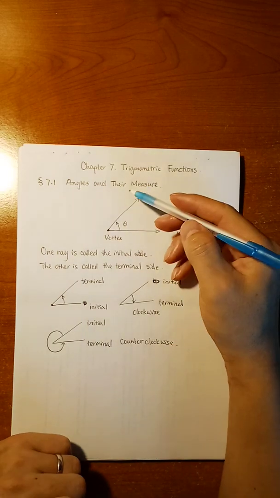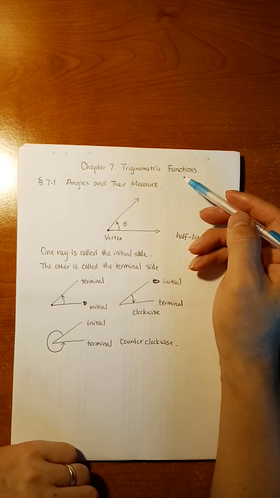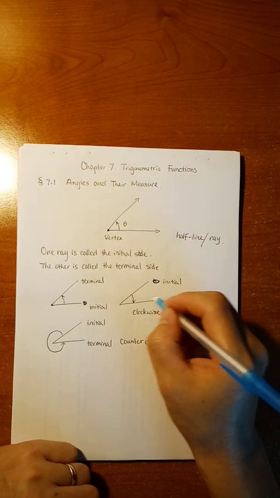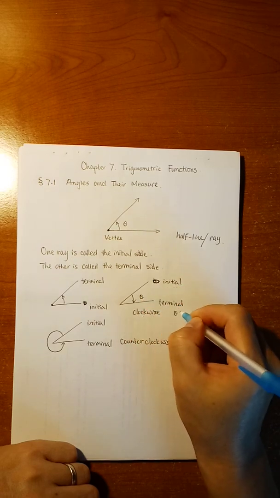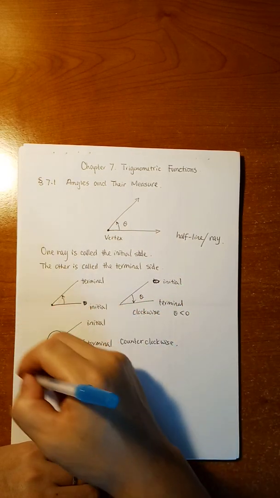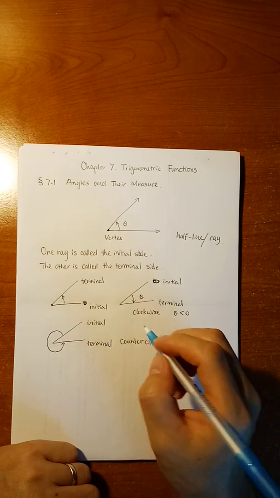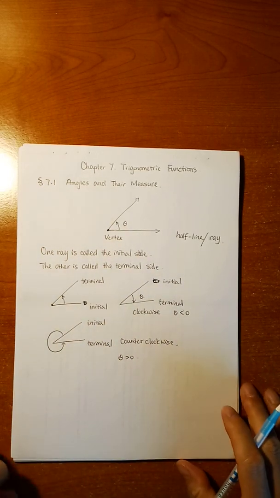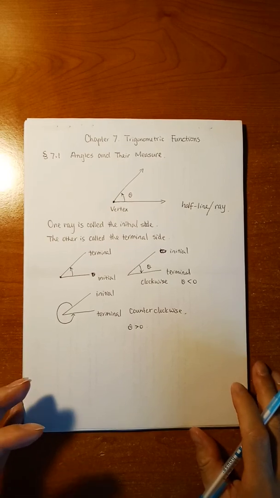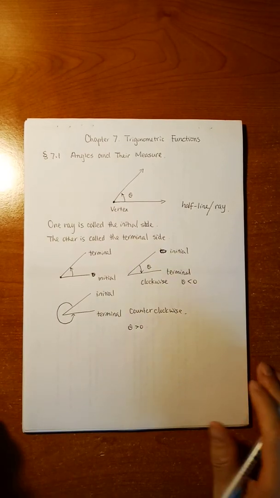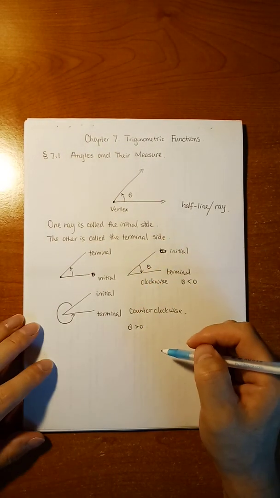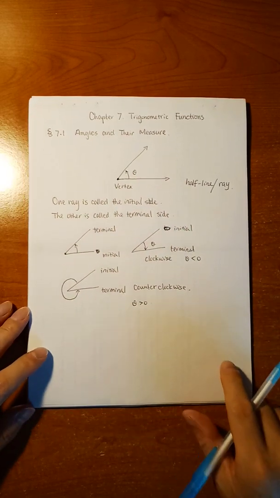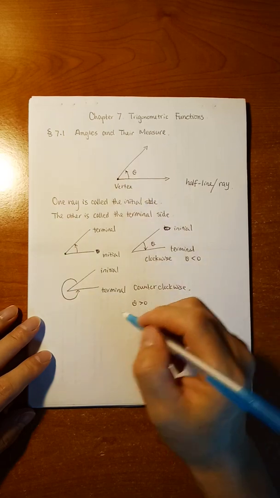In the trigonometric study, for clockwise we consider the angle to be negative. For the counterclockwise orientation, we consider the angle to be positive. So we do have positive angles and negative angles, but positive and negative just mean the rotation direction.